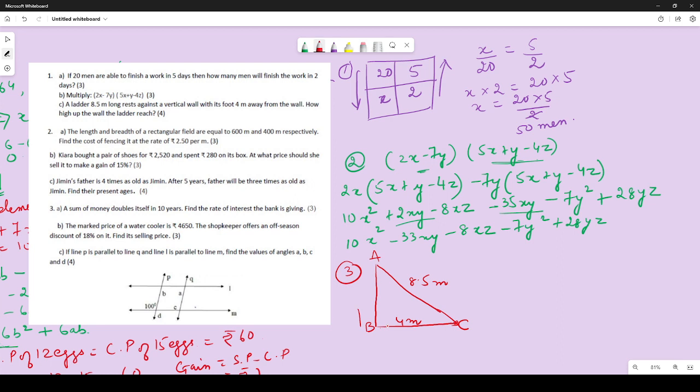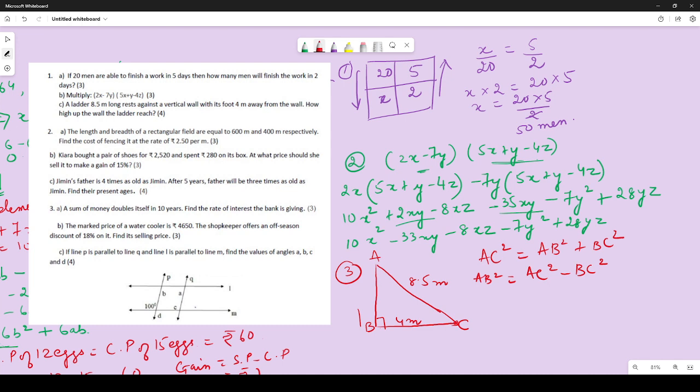So now again you can see that this becomes a Pythagoras theorem question because we again have a right angle triangle. So now you know AC square is equal to AB square plus BC square. You have to find AB square over here. So AB square is equal to AC square minus BC square.